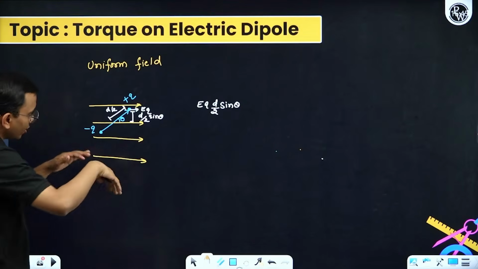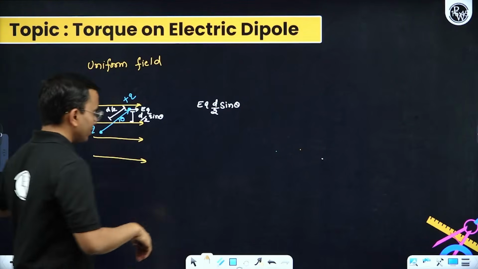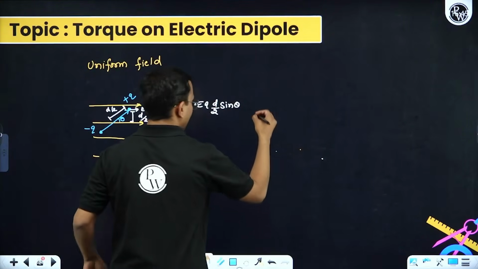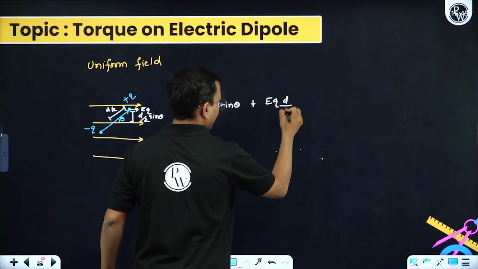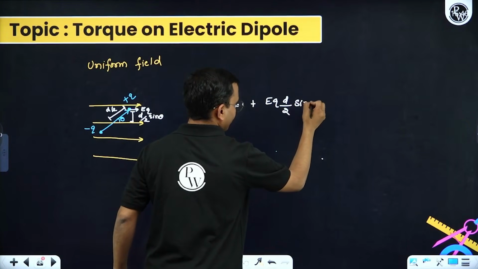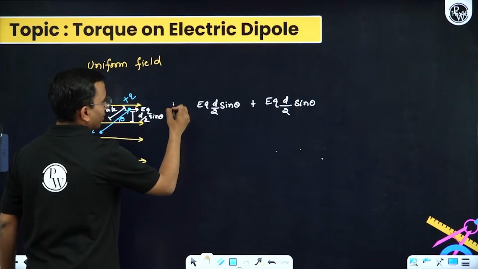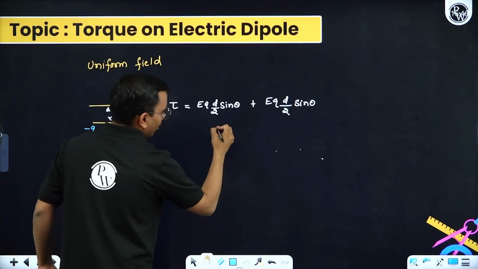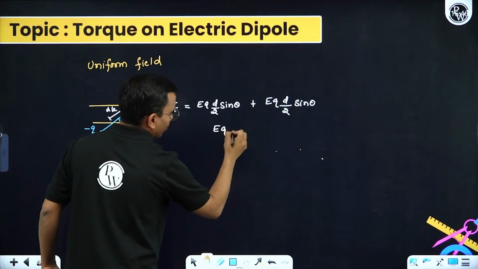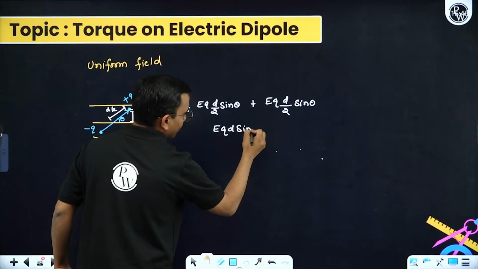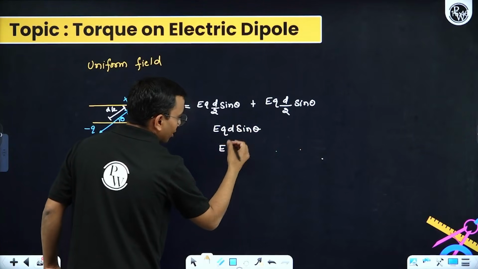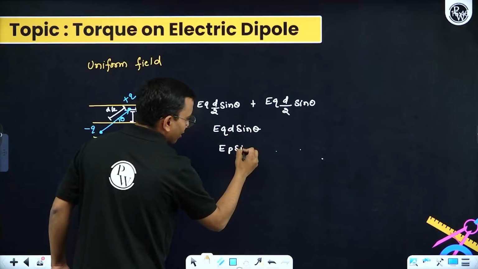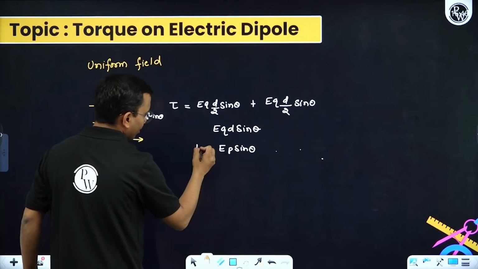Similarly on the other charge also if I write, it will come the same and the direction will be just adding it up. So it will become EQ d by 2 sin theta. That will become the torque. And this will come out to be EQ d sin theta. So this is E into Qd becomes my P sin theta, okay.